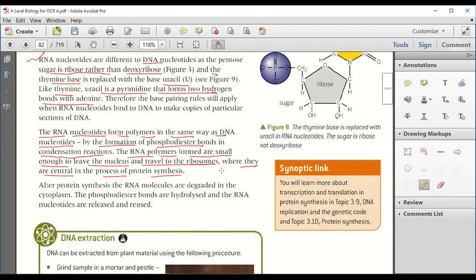Clear? And after protein synthesis, the RNA molecules are degraded in the cytoplasm. They just dissolve in the cytoplasm, and the phosphodiester bonds are hydrolyzed, and the RNA nucleotides are released and can be reused again.